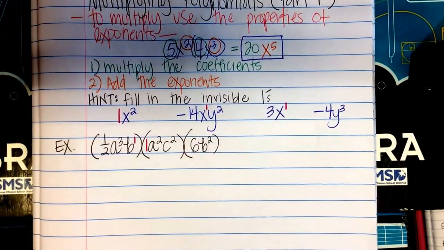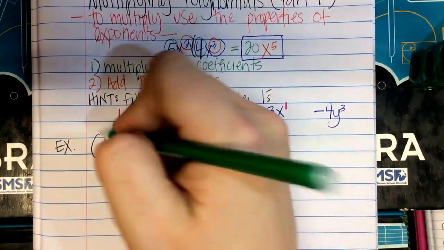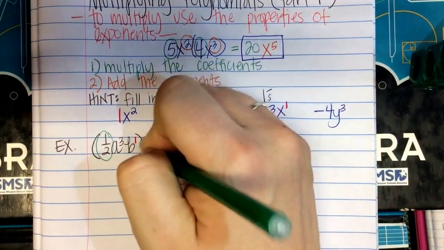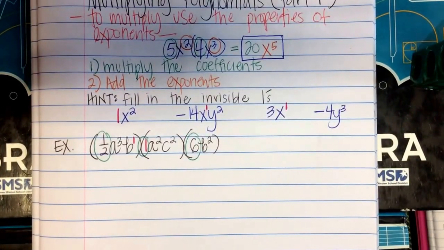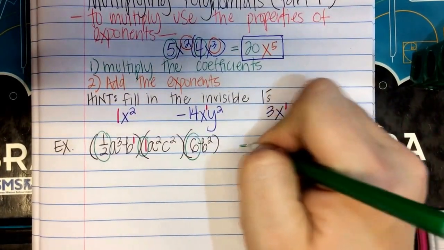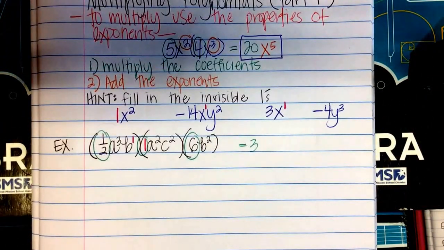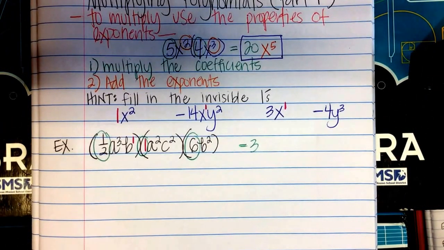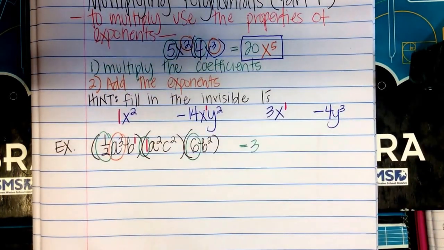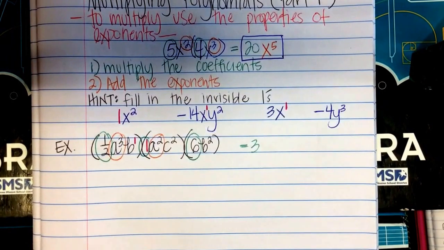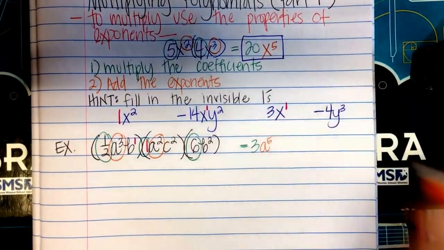No. All right, now step number 1, multiply the coefficients. 1/2 times 1 times 6 is 3. Alphabetical order. A's. A to the third, A squared makes A to the fifth.